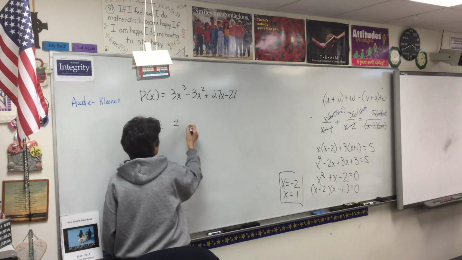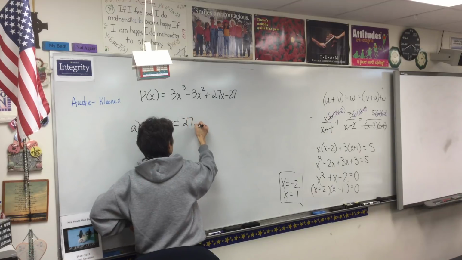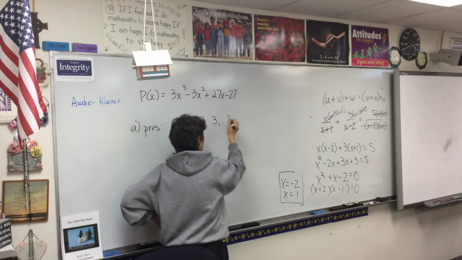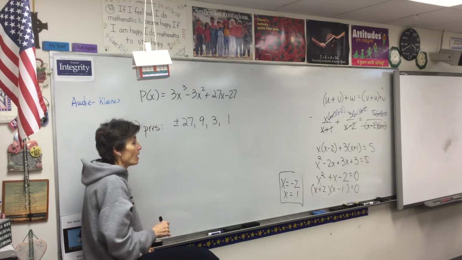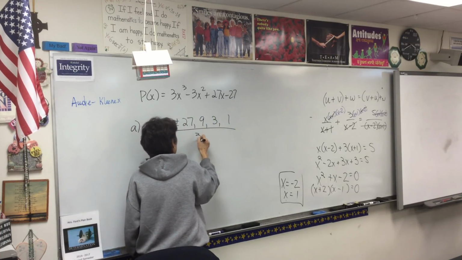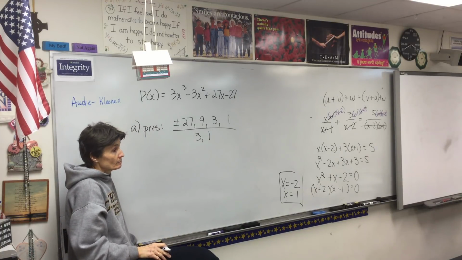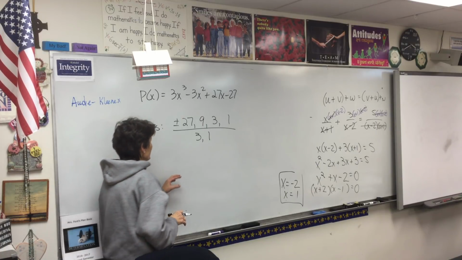Factors of plus or minus, factors of 27, which would be 27, 9, 3, and 1, over factors of 3, which are 3 and 1. So take all the combinations.